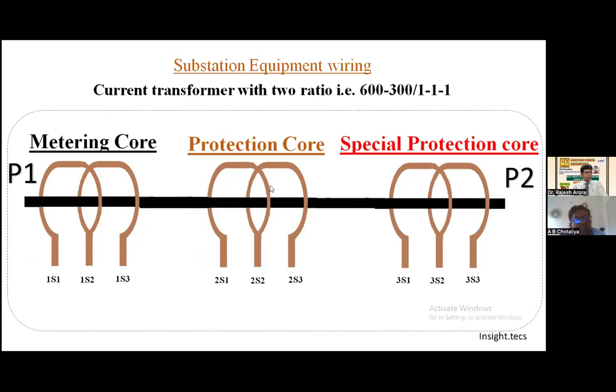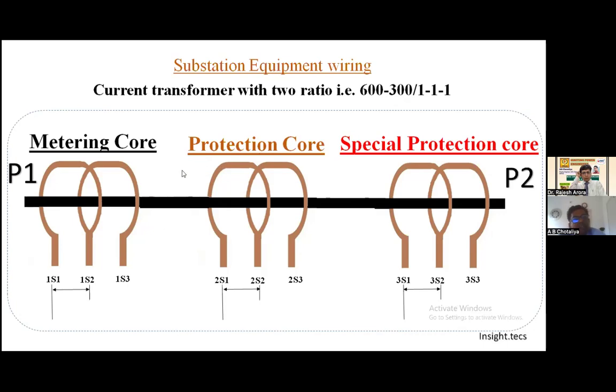That means this is a dual CT ratio, right? So the same CT can be used for 600 ampere and 300 ampere. The 3-1 shows that this CT has three secondary cores, that is metering, protection and special protection.